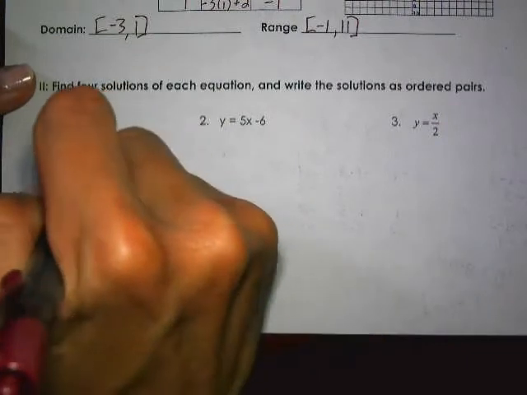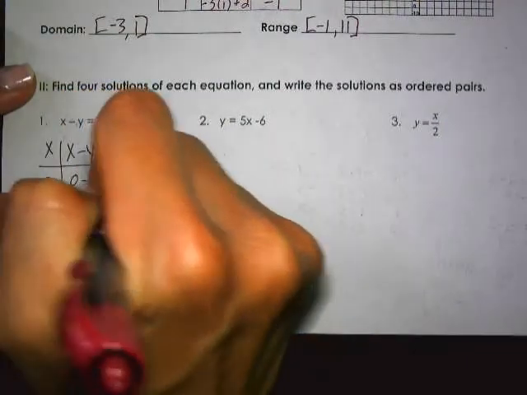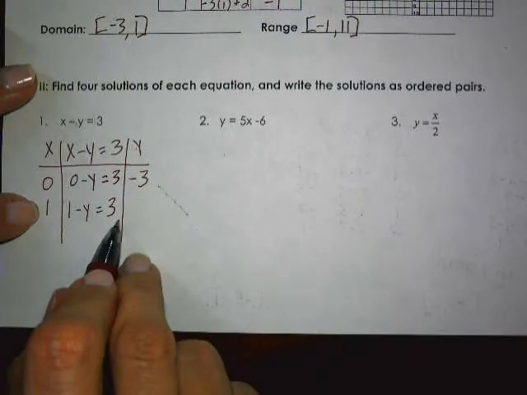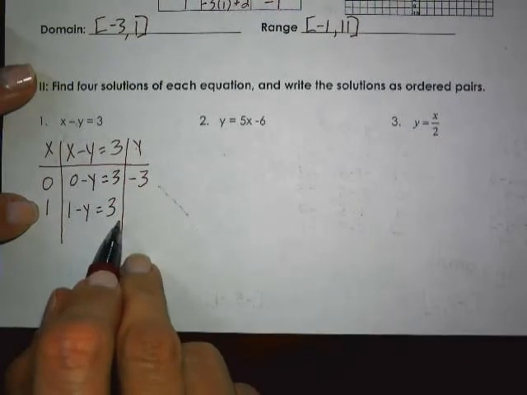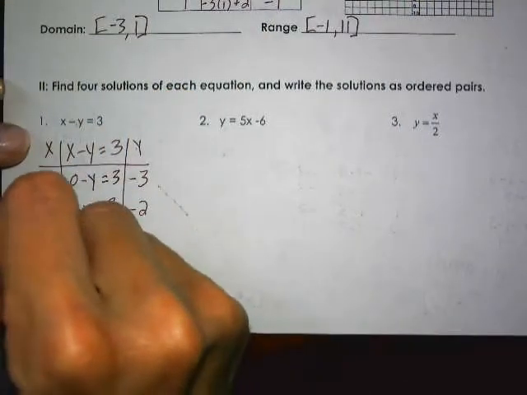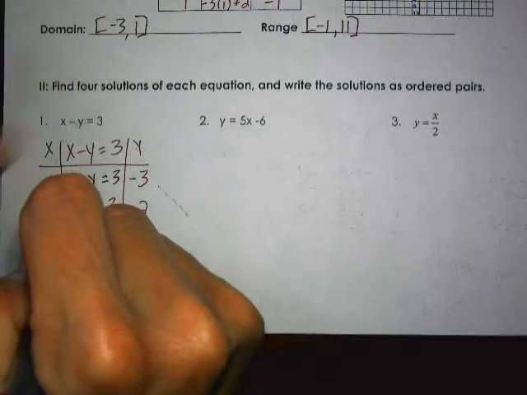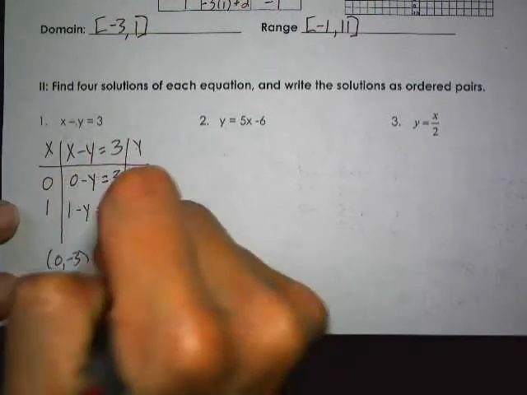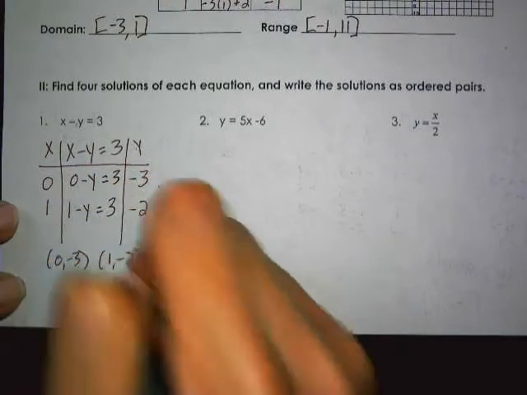And then 1 minus y equals 3. Subtract the 1, so you get -y equals 2. Divide, and y is equal to -2. So 2 ordered pairs for this equation are 0, -3, and 1, -2.